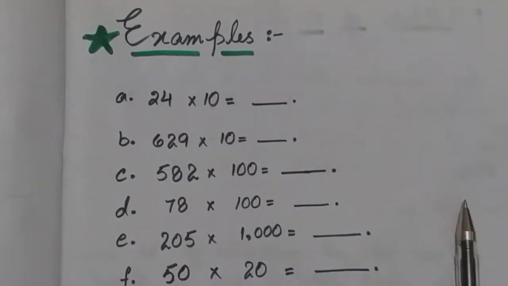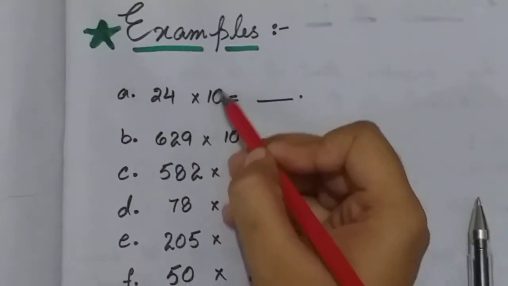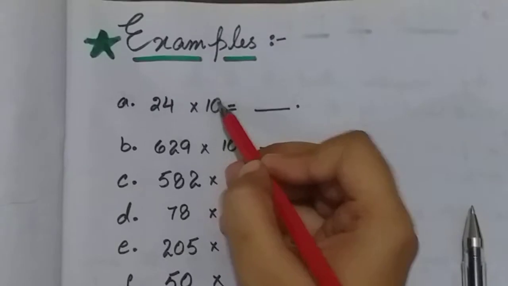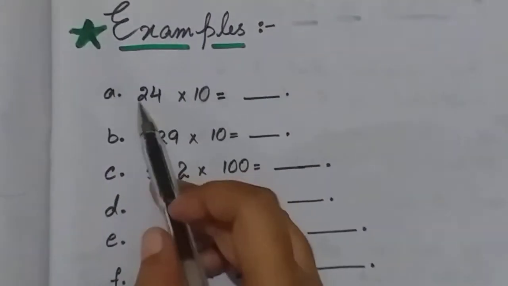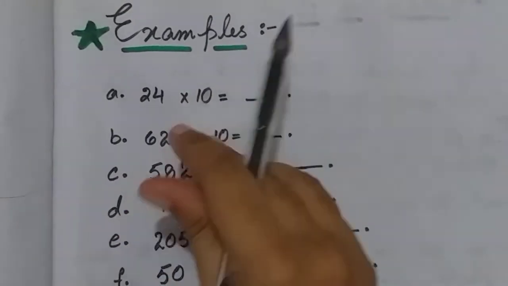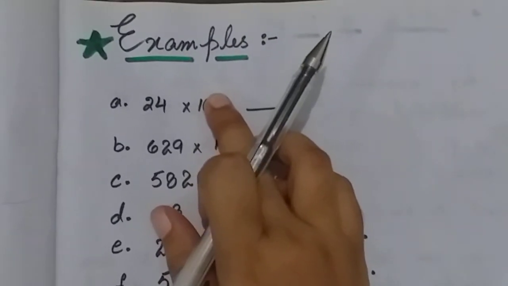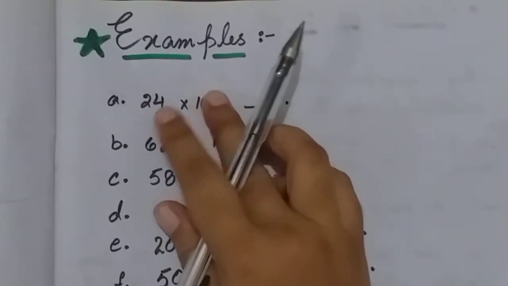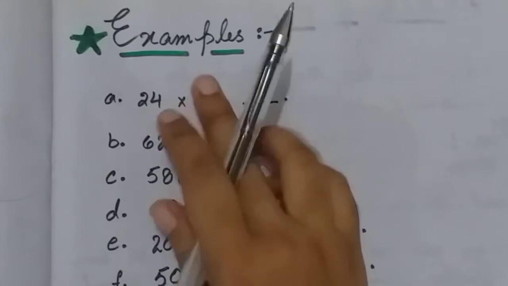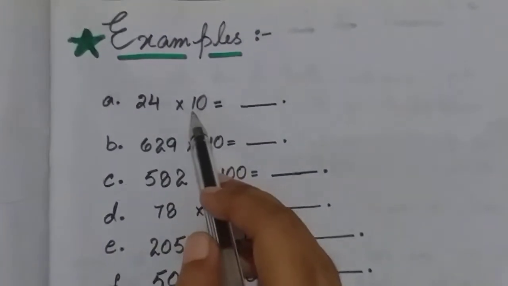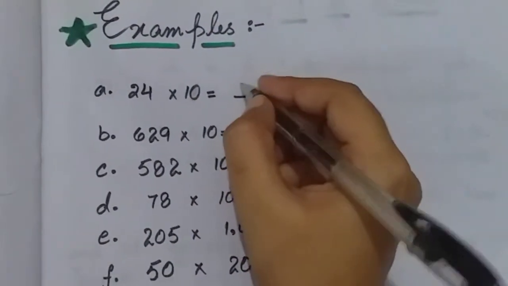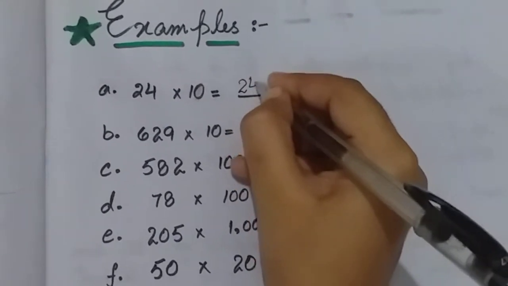First we will simply ignore the 0. If I ignore this 0, what is this question? 24 multiplied by 1. Just ignoring this 0, we will simply multiply the remaining numbers, that is 24 multiplied by 1. So if we multiply 24 by 1, the answer will be 24.